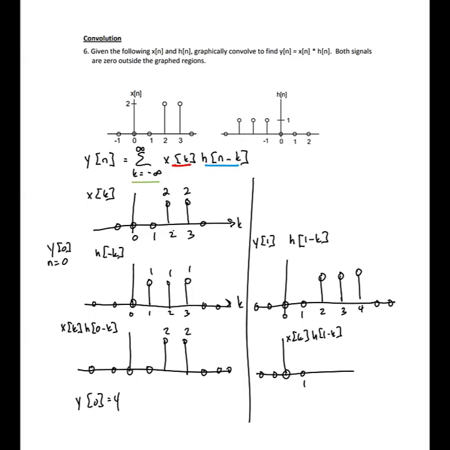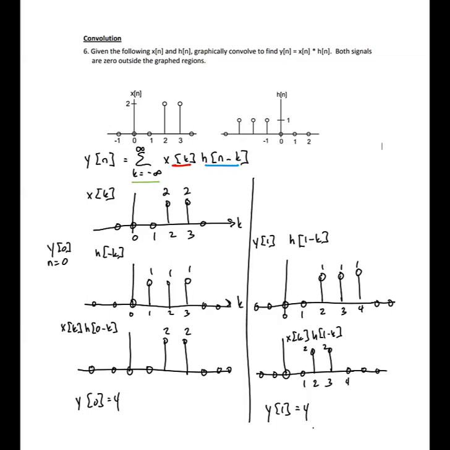At 2, we have 2 times 1, which is 2. At 3, we have 2 times 1, which is also 2. At 4, this is going to be all 0, so it doesn't matter what our h of 1 minus k is. The product is going to be 0. So y of 1 is going to be the sum of these two, which is 4.